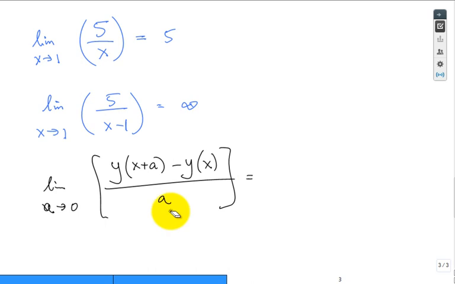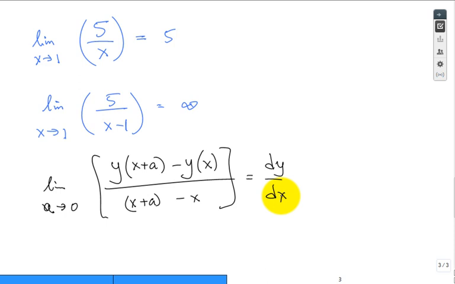Or maybe another way of writing that is x plus a minus x. What is that? dy/dx. Where did that come from? From your 9 or 12 hours of calculus, plus your 6 hours of engineering analysis 1 and 2.